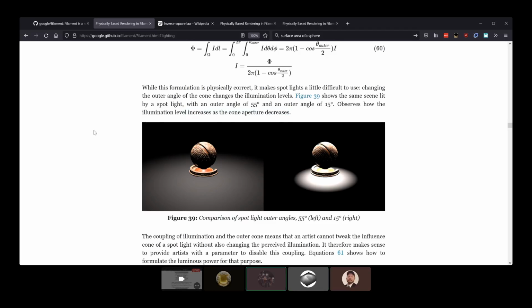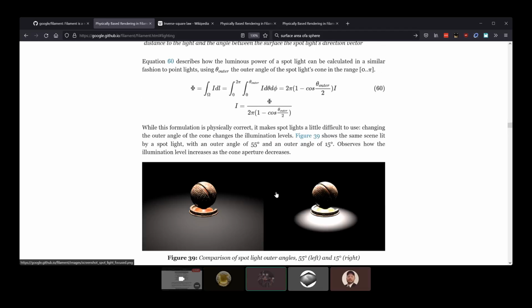Oh, it shows in the picture how that's not optimal, because you have the same amount of power, but if you change the angle, it spreads. Yeah, you have a lower luminous intensity. I can conceive it as the same light bulb, but the diffuser diffuses it more or less.